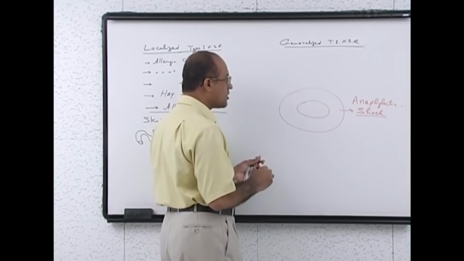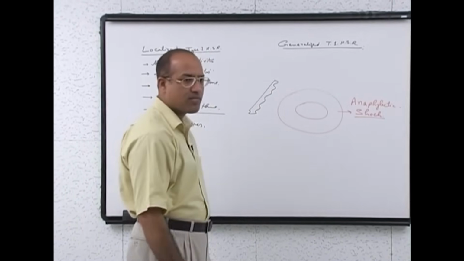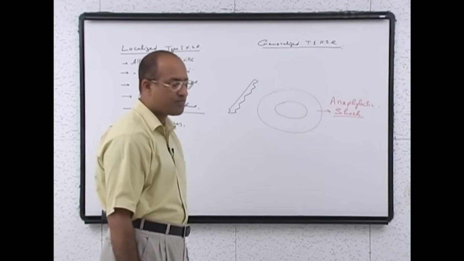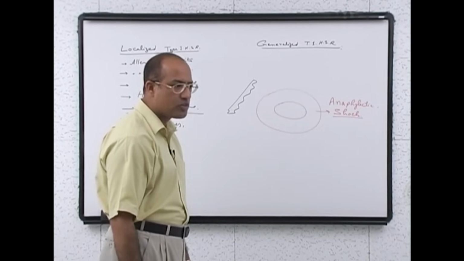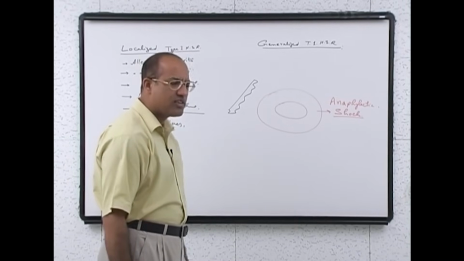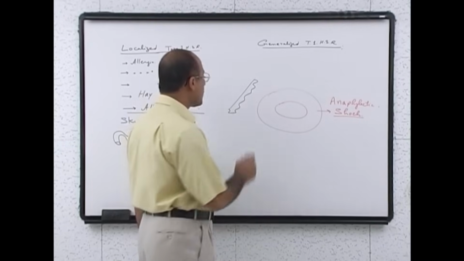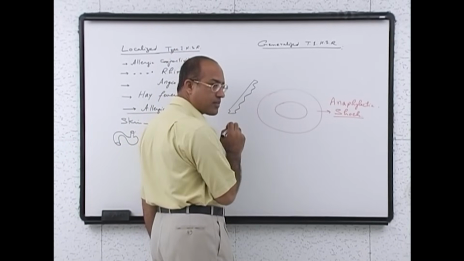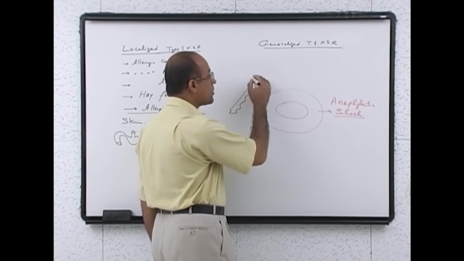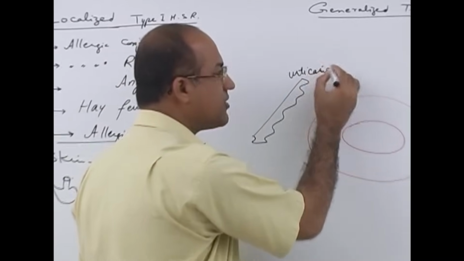And in these patients, of course, when you have given the allergen parenterally, not only do all the blood vessels dilate and increase permeability and blood pressure drops, under the skin also all the mast cells degranulate. When so many mast cells under the skin degranulate, what type of problem will that produce? Yes, the patient will develop urticarias and red rashes.